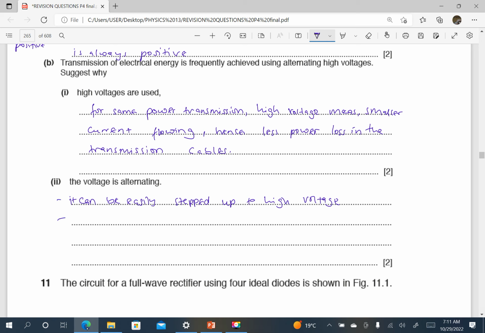Alternatively, we could also say transformers only work with AC. Transformers only work with alternating voltage.